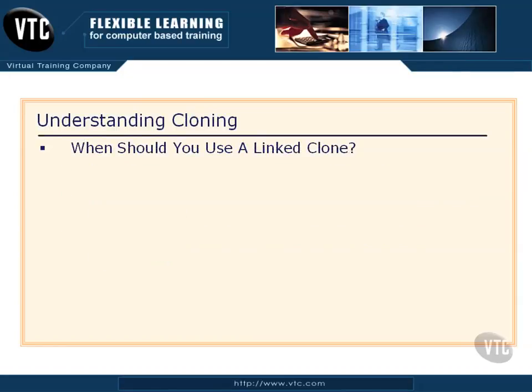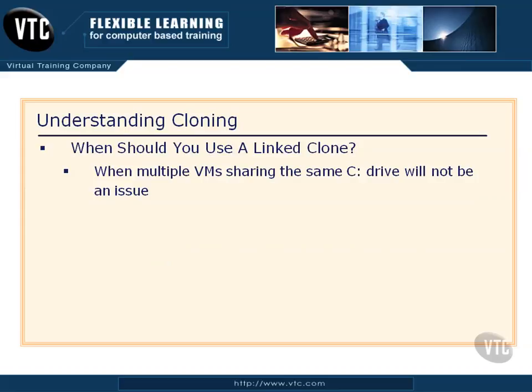Now, what about a linked clone? When should I use one of those? Well, here's the bottom line. When having multiple virtual machines sharing the same C drive will not be an issue. Now, you can't install new software on a linked clone 99.9% of the time simply because of this one issue right here.